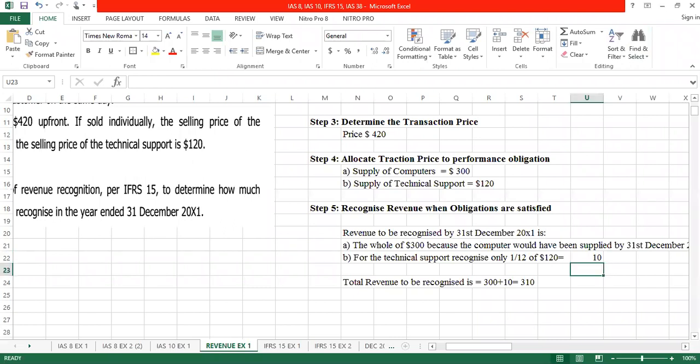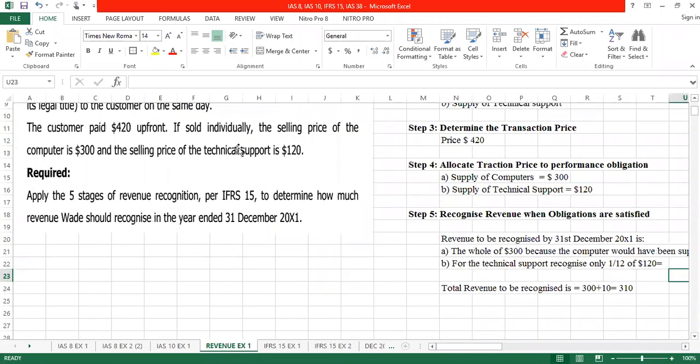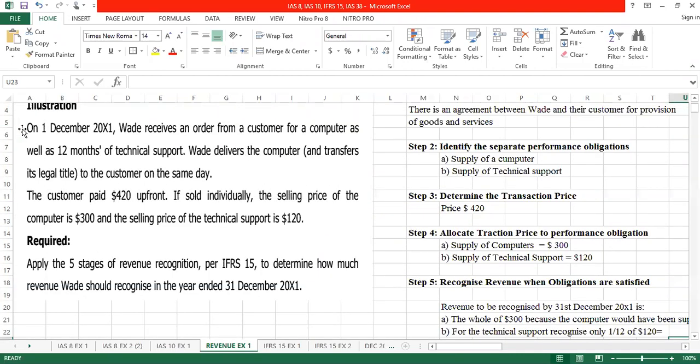Somebody's asking, explain why we are dividing by 12. Look at, when did we get into the contract? On 1st December 2001. Wade receives an order from the customer for a computer as well as 12 months technical support.